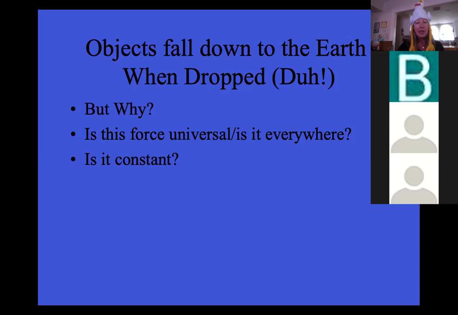Yes. Now, does anybody know if this gravitational force is constant? Does every object experience the same amount of force as every other object? What do you think? Anyone?